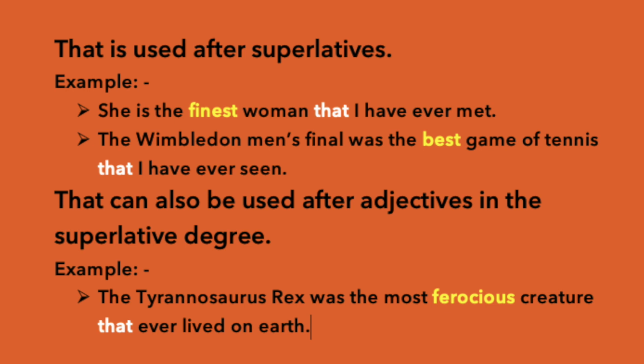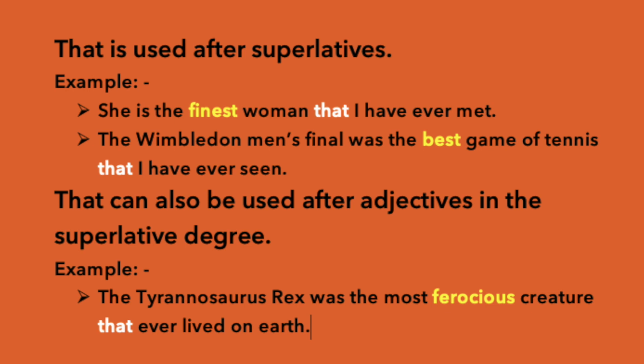But instead of who and which, we use that. So that can be used in preference to who or which after superlative. That can also be used after adjectives in the superlative degree. For example, the Tyrannosaurus was the most ferocious creature that ever lived on earth.